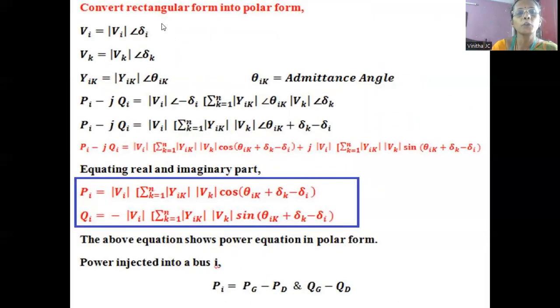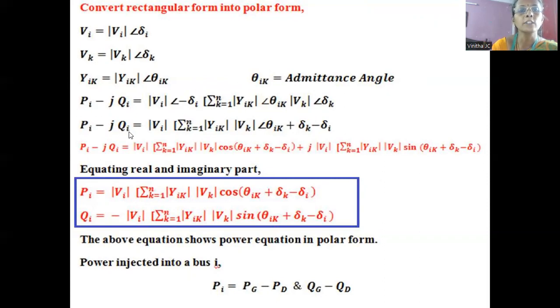If we want to write it in polar form, we can write Vi equal to magnitude of Vi angle delta i. Similarly, for the kth bus, we can write Vk magnitude of Vk angle delta k. And Yik is written as magnitude of Yik angle theta ik, where theta ik is nothing but the admittance angle. From this, we can write the equation in polar form: Pi minus j into Qi equal to modulus of Vi angle minus delta i into this entire term.